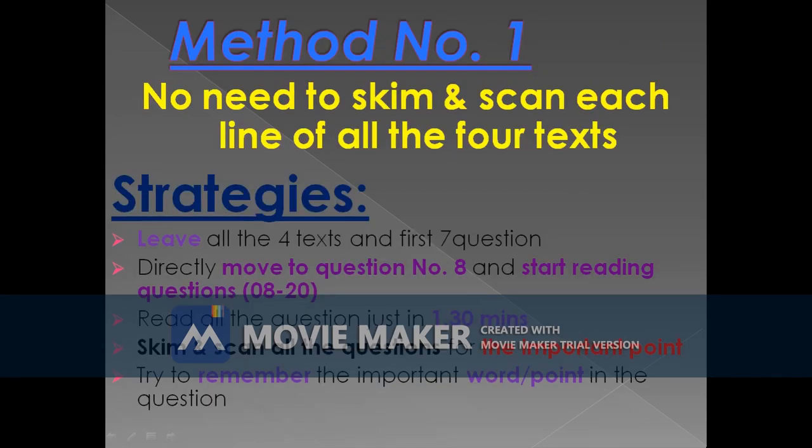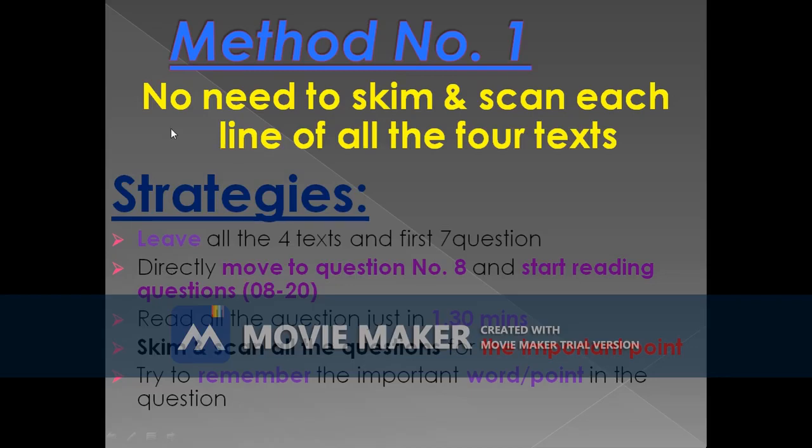Okay, so guys, this is method number 1. In the previous methods, most people first skim and scan the text, then move to the questions. But no, I will tell you how you can do your part A in minimum time.